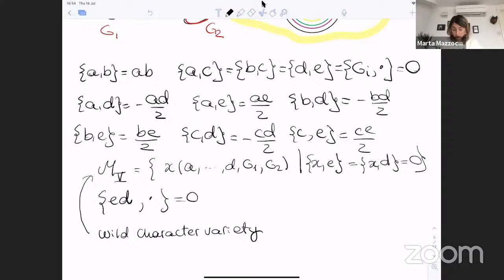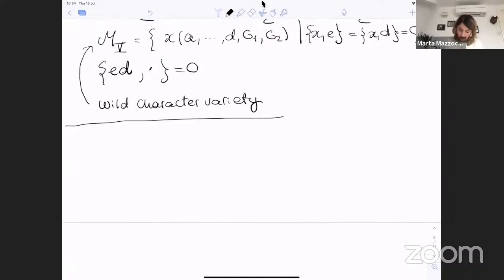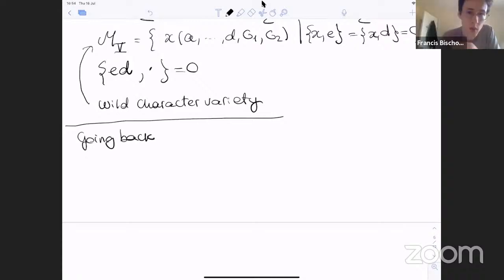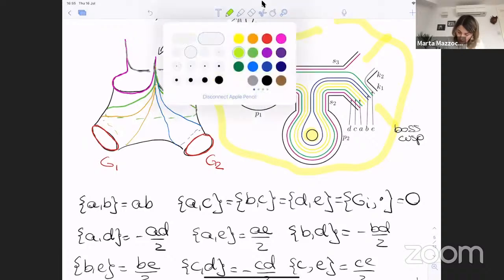So going back to the Poisson structure, your previous question, we need to put the Poisson structure on this object. Could you just say what loops or paths E and D correspond to? So E and D are these two. Okay, thanks. So they are the very special ones. And you see, the product of them is, in some sense, homotopic to going around the hole.